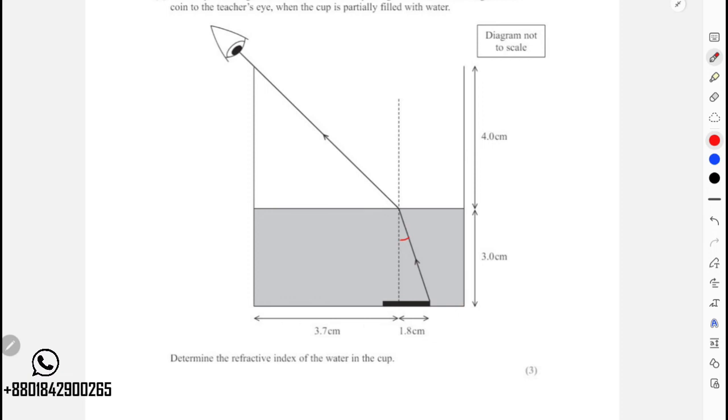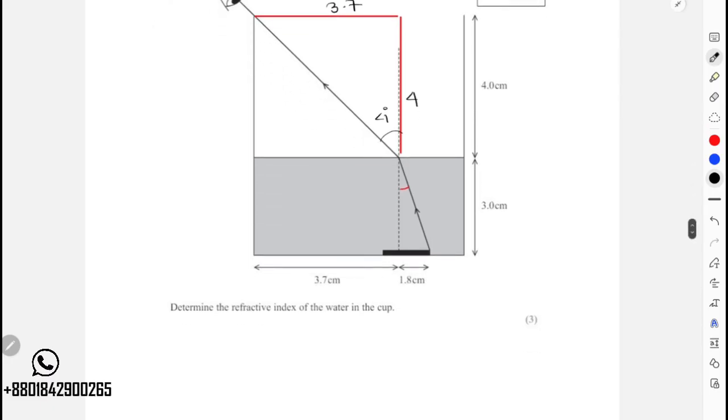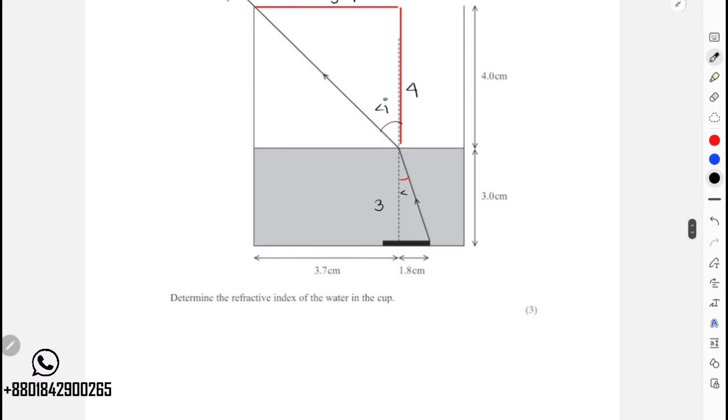If this is 3.7, I can use this length, and if this is 4, then this is 4, right? This is your angle of incidence. This is 4, this is 3.7, and this is 1.8, and this is 3, right? So this is the angle of refraction.